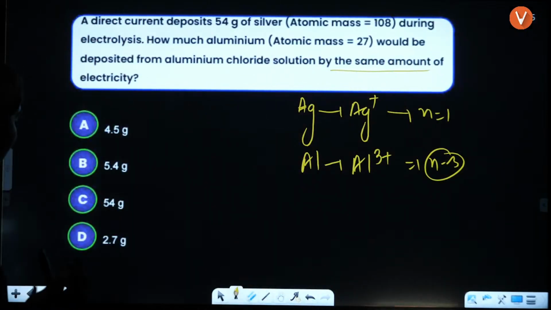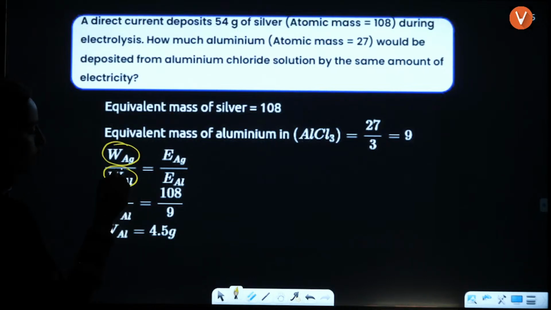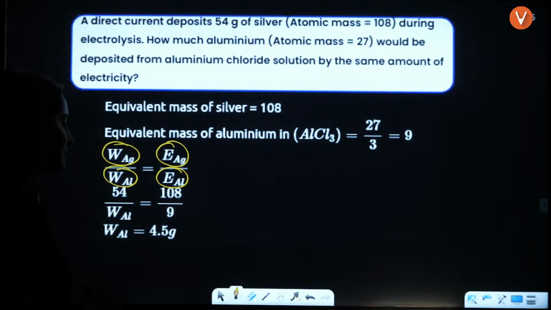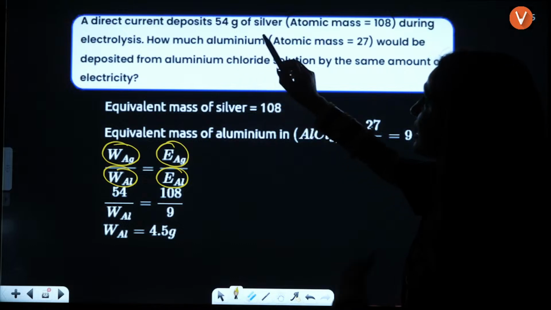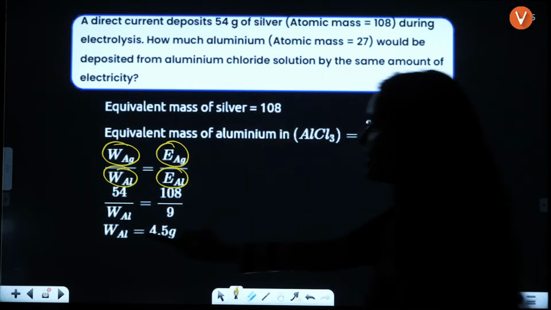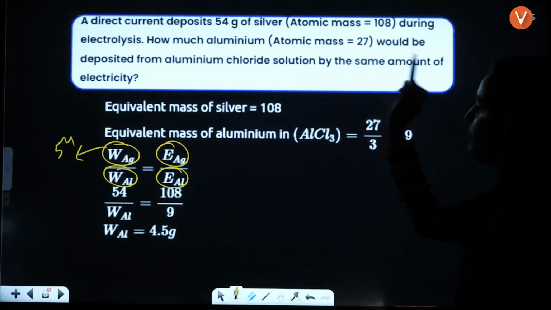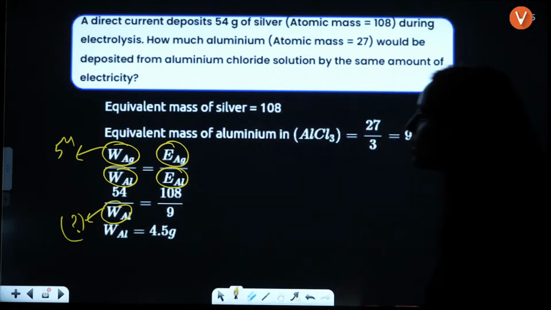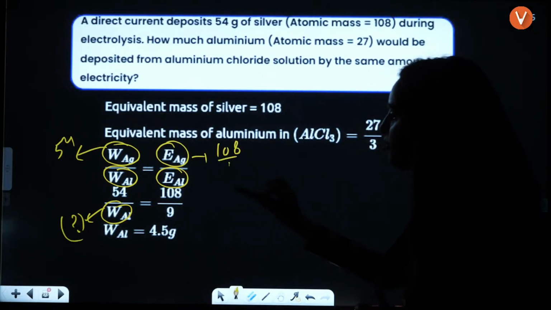From Faraday's second law, the weight of Ag by weight of aluminium is equal to the equivalent weight of Ag by equivalent weight of aluminium. The silver deposited is given, that is 54. How much aluminium? This is what they are asking. Equivalent weight of Ag is 108 by 1.